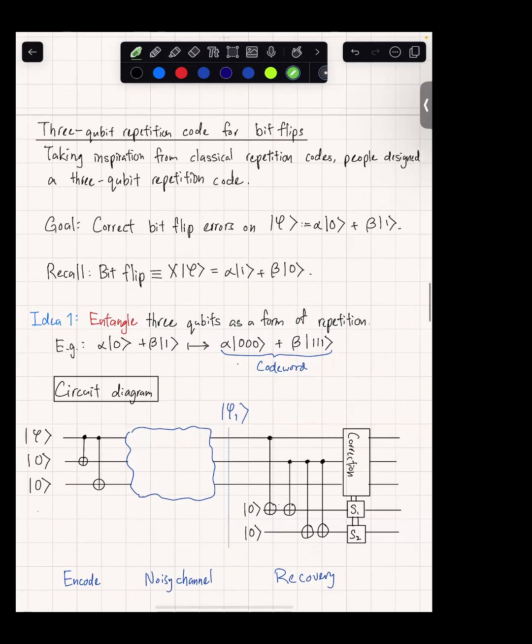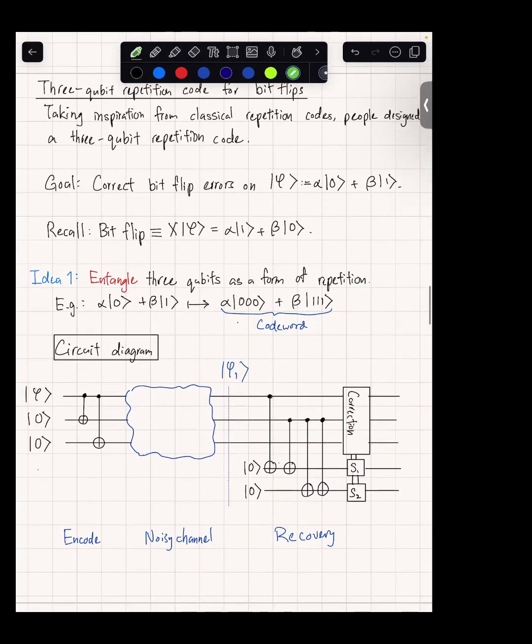And after encoding the input state into this code word, we would send it through the noisy channel here and receive some quantum state phi 1 here. And afterwards, we would perform some measurements on this state and recover the original state afterwards.